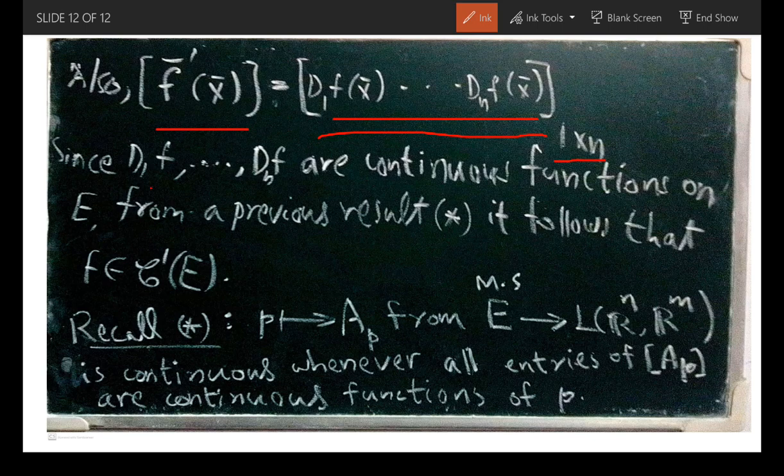Now what is our assumption? The partial derivatives d1f etc. dnf are continuous functions. All these are continuous. So f dash x is also continuous. That means derivative of f is continuous. That means f belongs to C dash E. So this is what we want to prove.